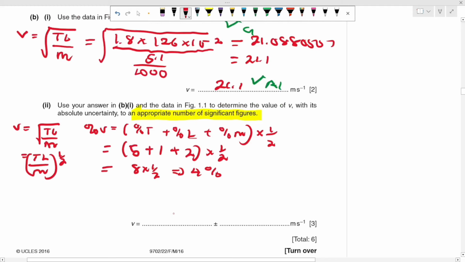So it means that the fractional uncertainty will be 4%. So for you to find the uncertainty in v, the variable that you actually want, it is now going to be equivalent to 4 over 100 multiplied by the value of v itself, which is 21.1.